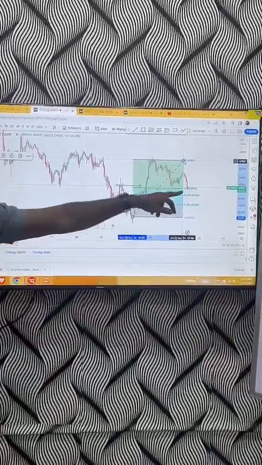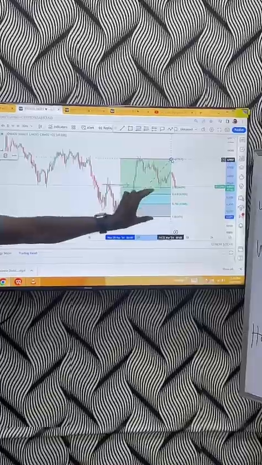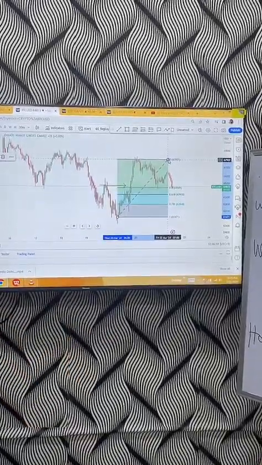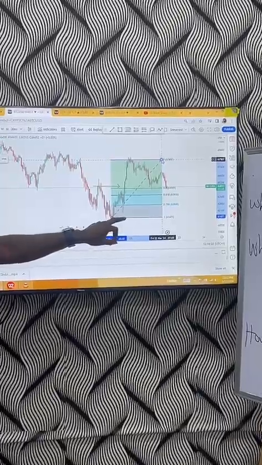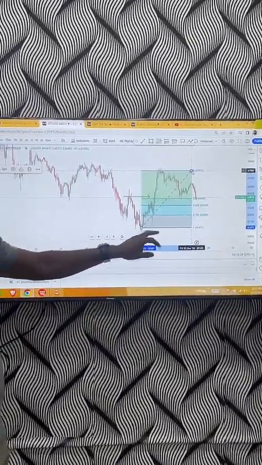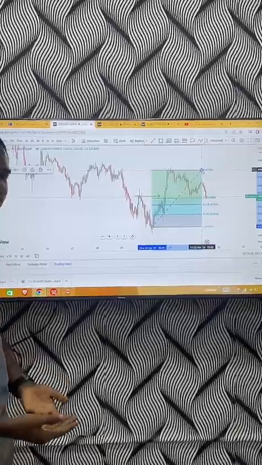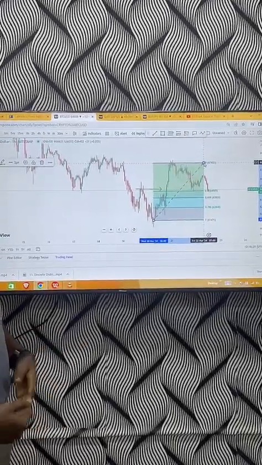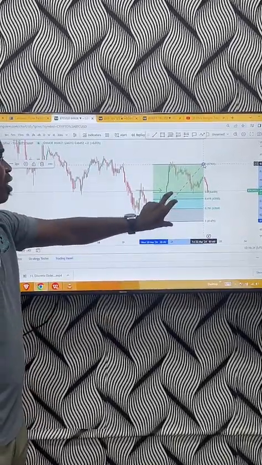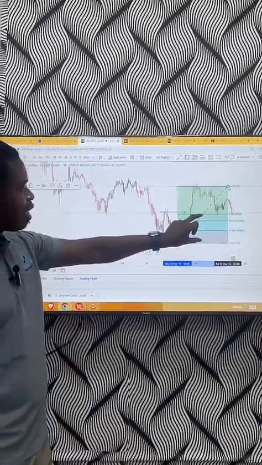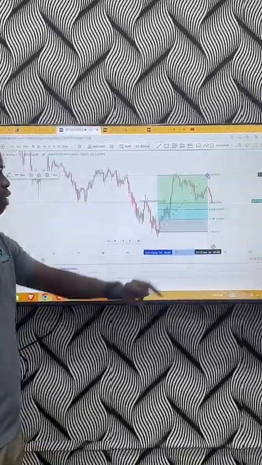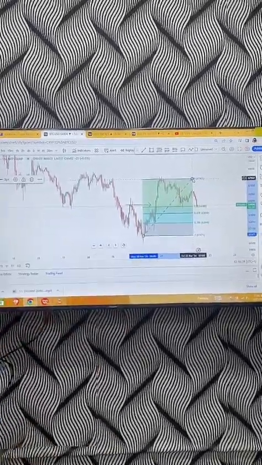In an uptrend, the 50% level and below is the discount zone. That means the price is small, so we are buying at a lower price. We are buying at the discount zone. That zone is from 50% to 100%, which is 1.